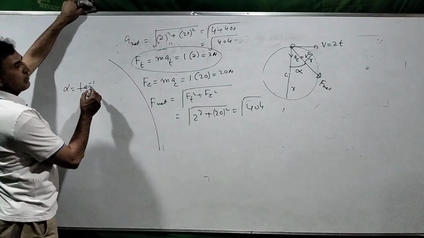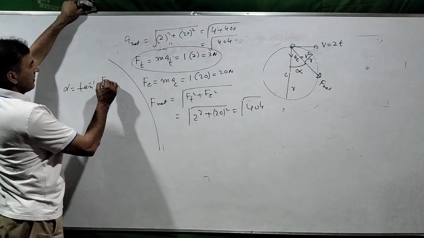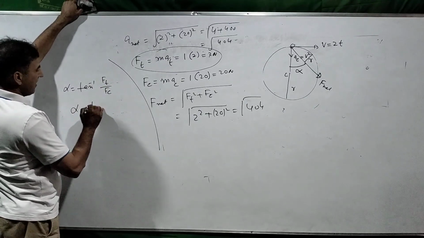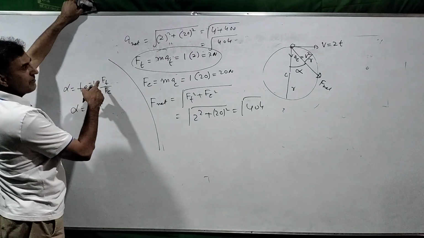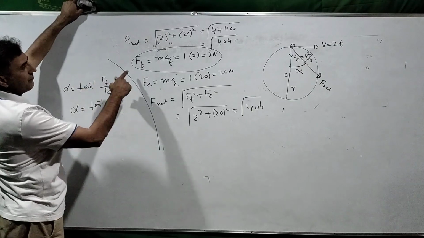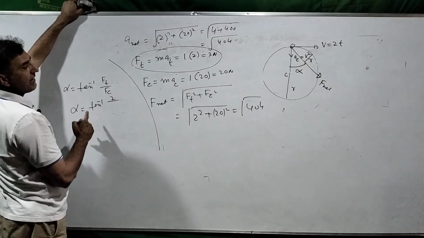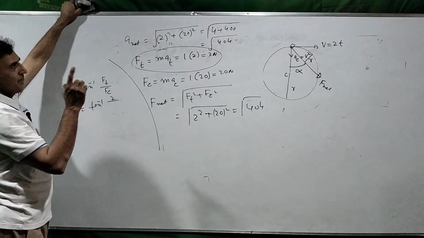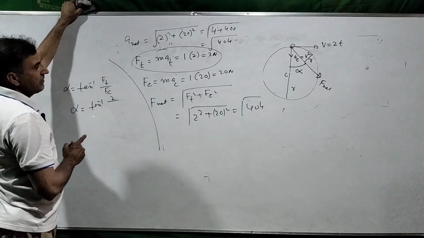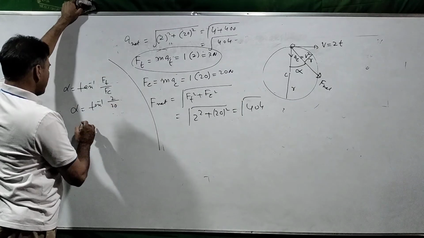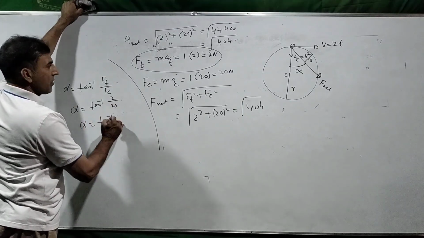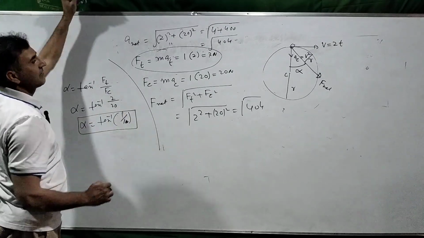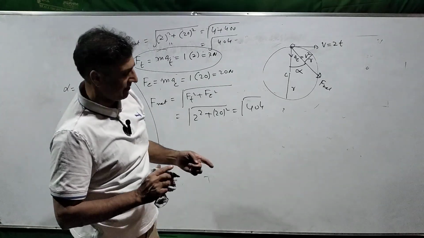So alpha is tan inverse ft by fc. ft is 2. What is fc at t equal to 1 second? That's 20. So alpha is equal to tan inverse 1 by 10. That is the answer. Easily done.